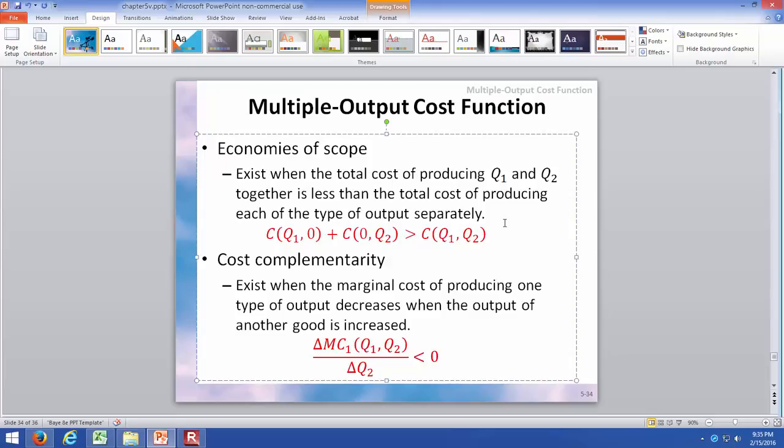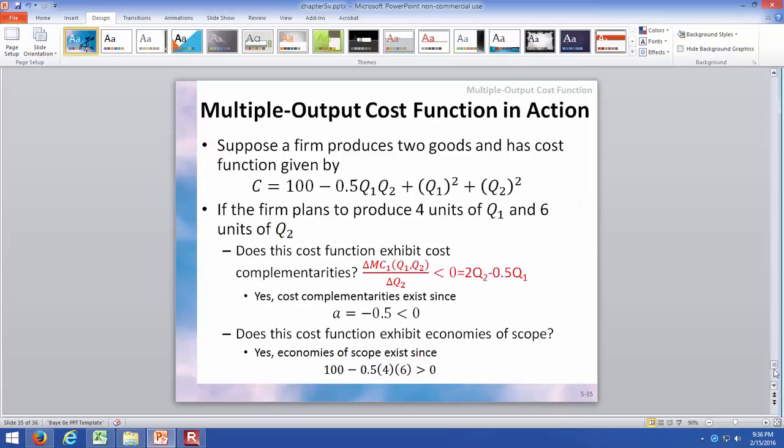In this case, that cost might actually go down by having a good ER. Okay, so here the change in marginal cost divided by delta quantity is less than 0. So as you increase the ER output, it will perhaps bring down the marginal cost of operating the regular functions of the hospital.